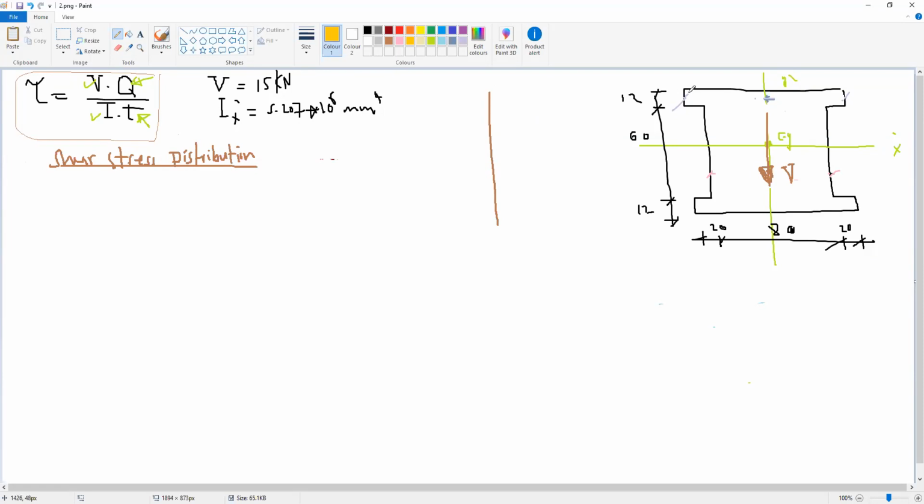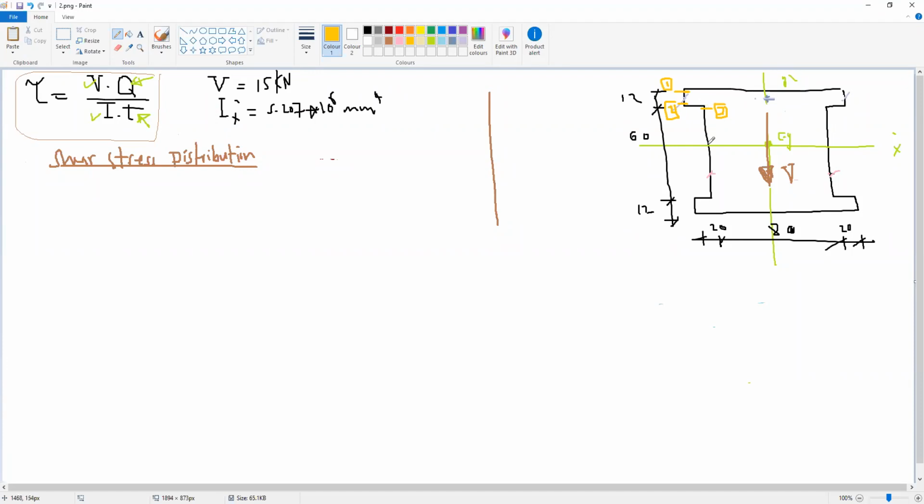These cuts will be at the start of the section, cut 1, and before and after any change in shape, because here the width was 120 and at this point becomes 80, so we have cut 2 and cut 3. Cuts 2 and 3 are at the same point, but before and after the change in thickness.